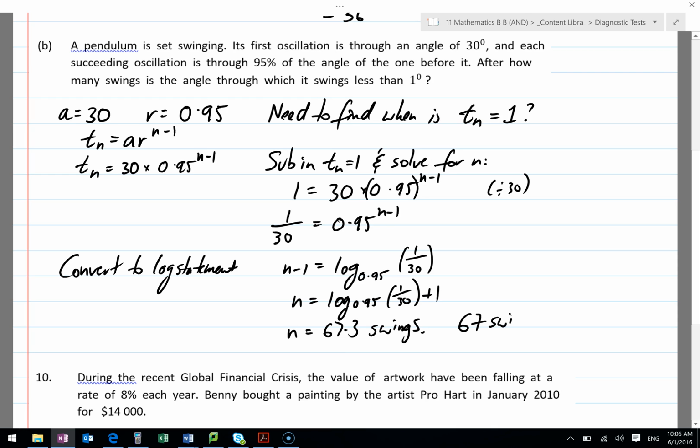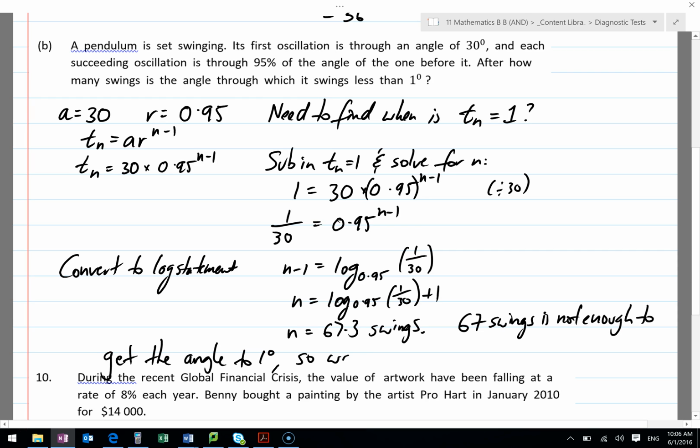Okay, 67 swings is not enough to get the angle to 1 degree. So would need 68 swings.